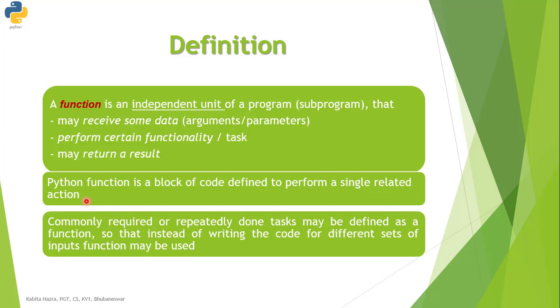A function, to do this task, may receive some data known as arguments or parameters. It performs the functionality or the task for which it is defined using those parameters, and it may return a result.